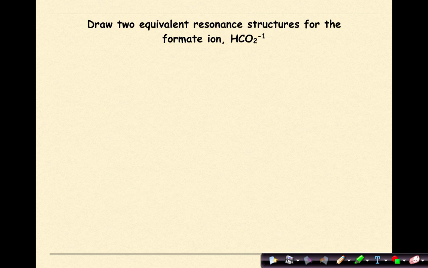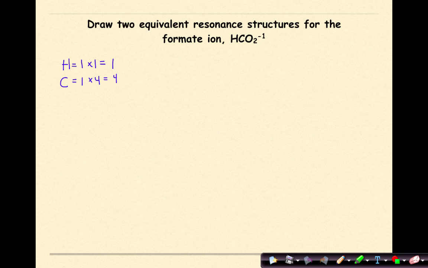Draw 2 equivalent structures for the formate ion, HCO2-1. So the first thing that we need to do is figure out how many electron pairs we have to work with. In this ion, we have 1 hydrogen with 1 valence electron. We have 1 carbon, 4 valence electrons.